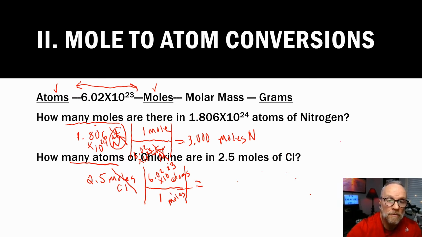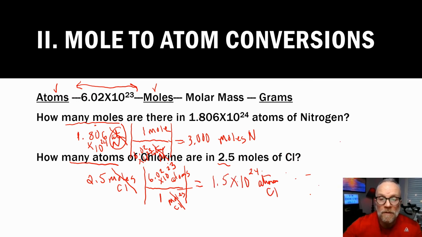Moles of chlorine will cancel, and then we will be left with atoms of chlorine. We only have 2 significant figures here, so we'll just put 1.5 atoms of chlorine. Okay, very good. Easy cheesy, right? Moles to atoms, atoms to moles.